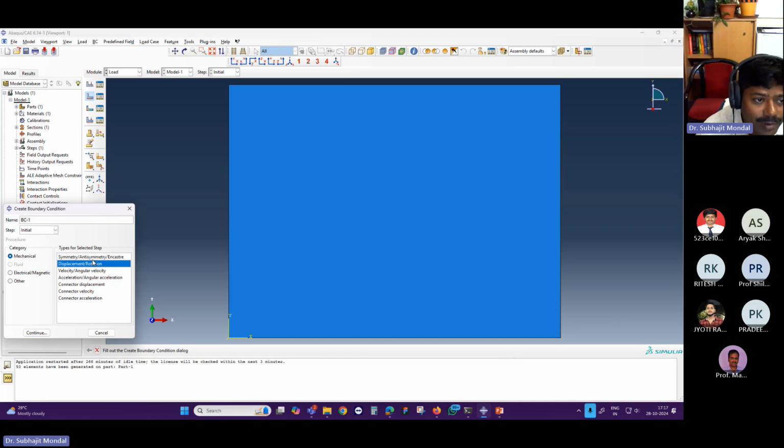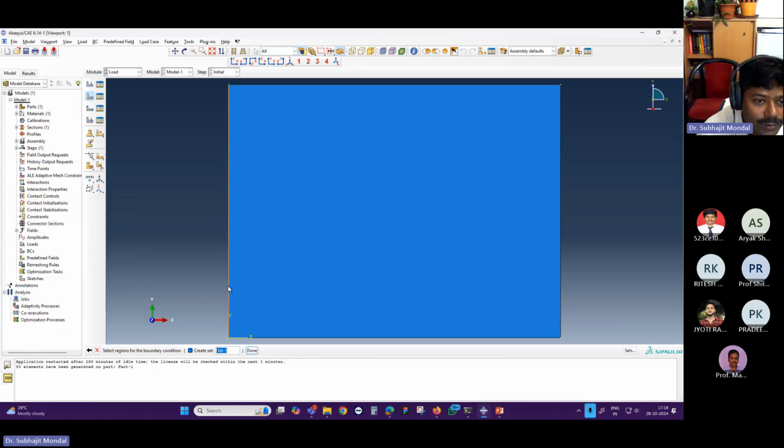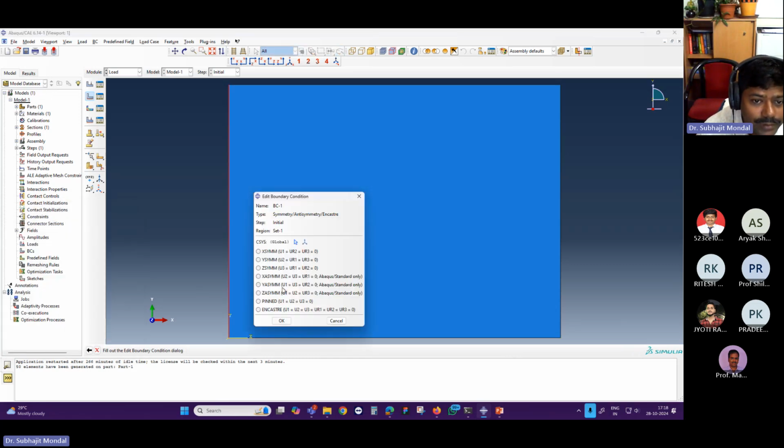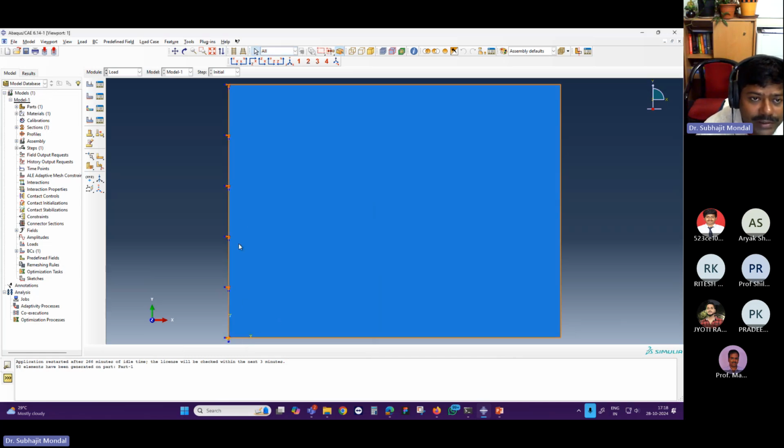We have displacement type boundary conditions, and Encastre. Encastre basically indicates the fixed condition. So you can choose this one and consider Encastre. You can see U1, U2, U3 are all 0, meaning there is no displacement on this edge. Whatever nodes are there, there is no displacement. All displacements and all rotations are 0.